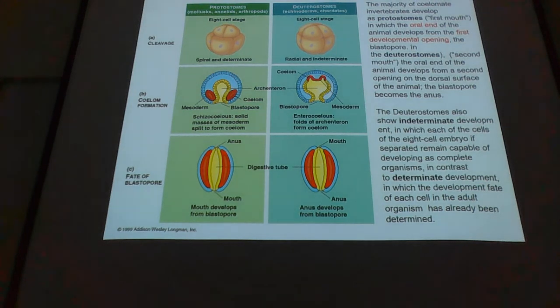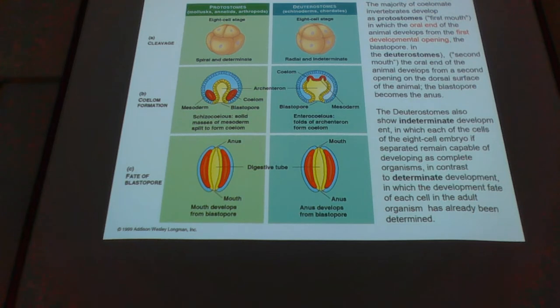One group is called protostomes, and the other is called deuterostomes, which the words from Greek mean. Protostome means first mouth. Stoma is always an opening, a mouth. Deuterostome is second mouth.